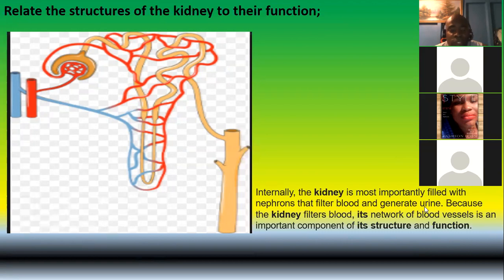So of course, you know that most of the operations of the kidney are done by the nephron. So the structure of the kidney is really made up of what? Nephrons. And those nephrons enable it to carry out its function. Good? So the function of the kidney depends on the nephrons. Clear? And you can explain what happens in detail, as you just did a while ago. All right, let's proceed.